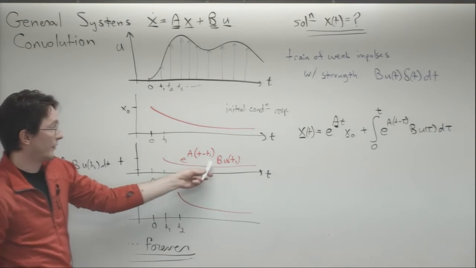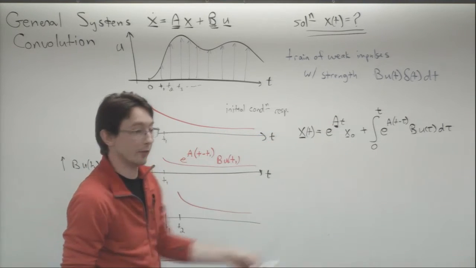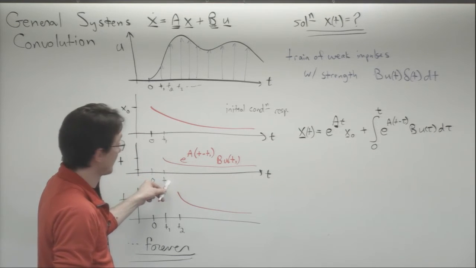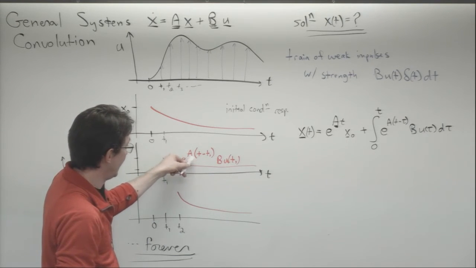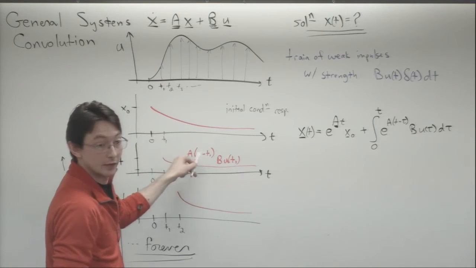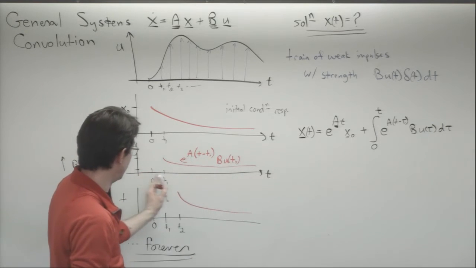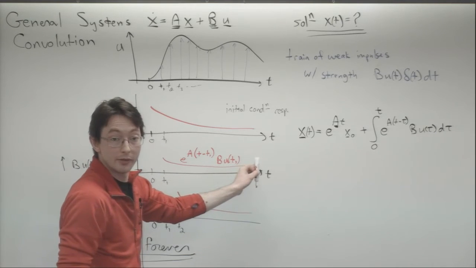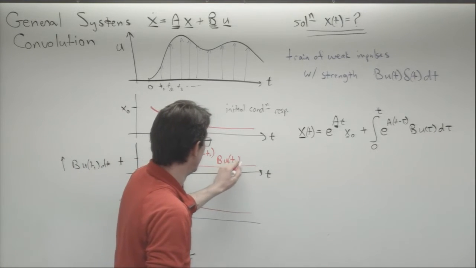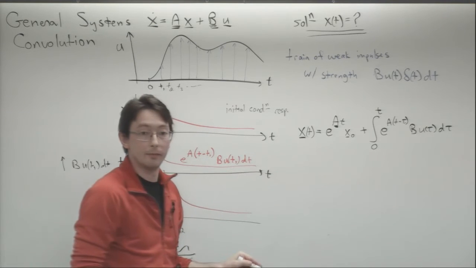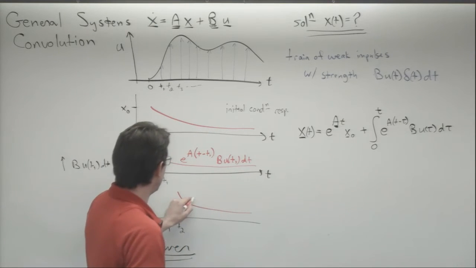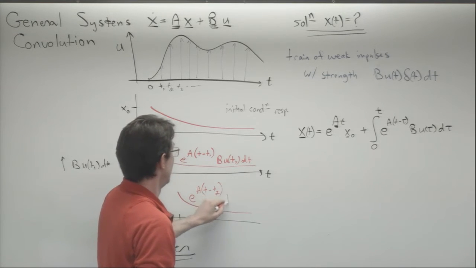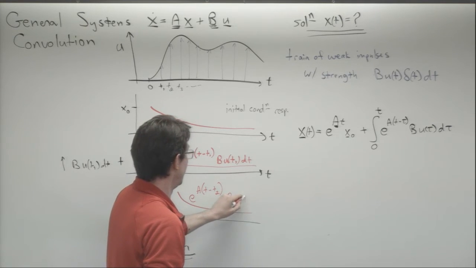This is what we derived from case 2 and case 3 over there, is that if I had this little impulse at time 1, I would get e to the a, now my time is shifted, t minus t1, right? This decay starts at t1, times whatever the strength of that impulse was, which is b u t1 dt. And here we have e to the a t minus t2 b u at t2.